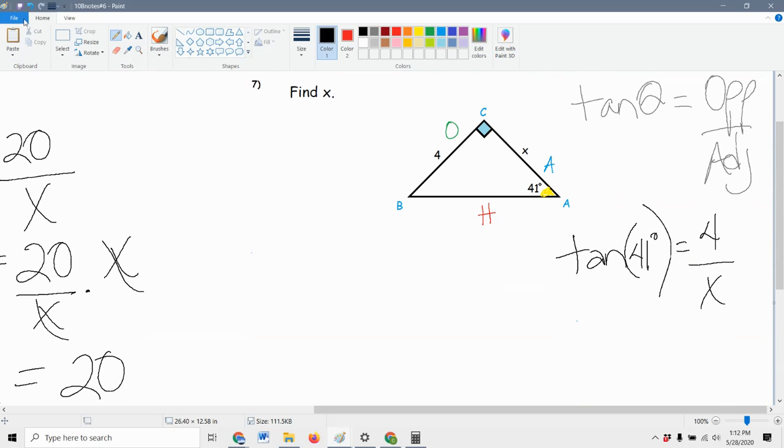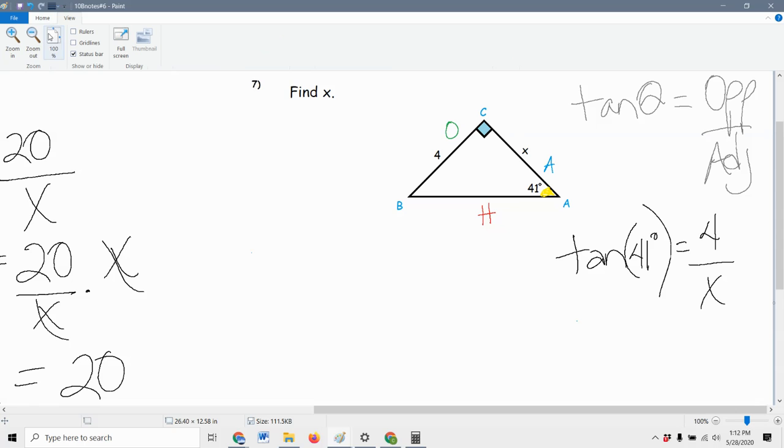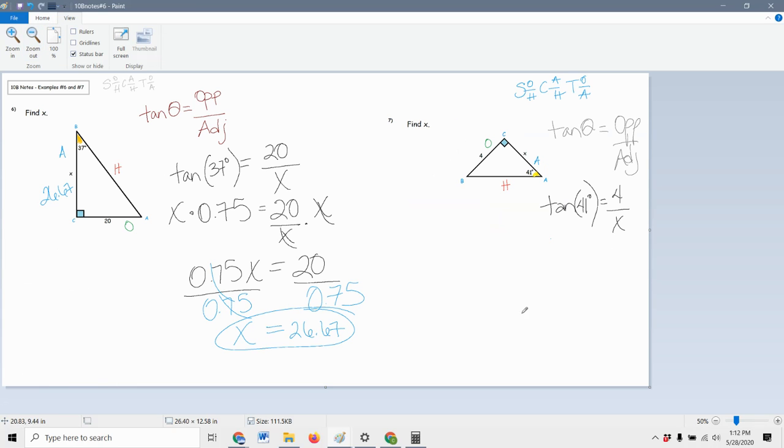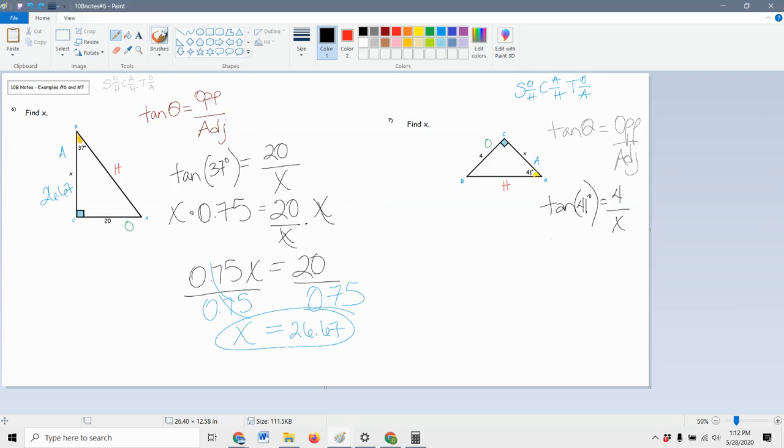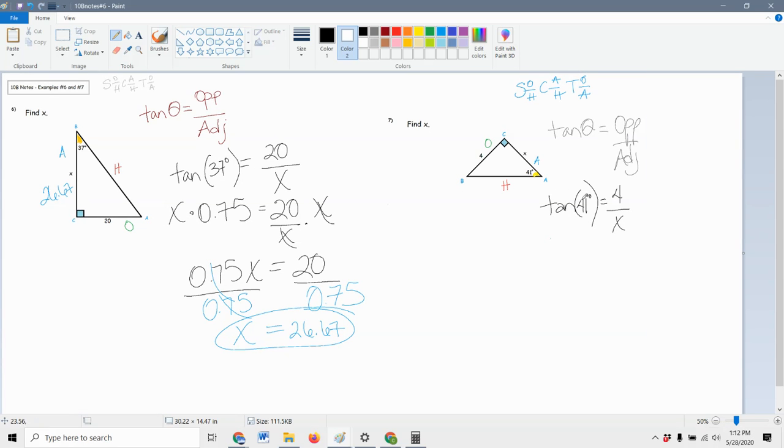Now, what I want you to see is that you have two examples that are essentially the exact same examples. Oops, got our red going again. And the reason why I'm giving you two examples like this is because so many students are thrown off by that x on the bottom.